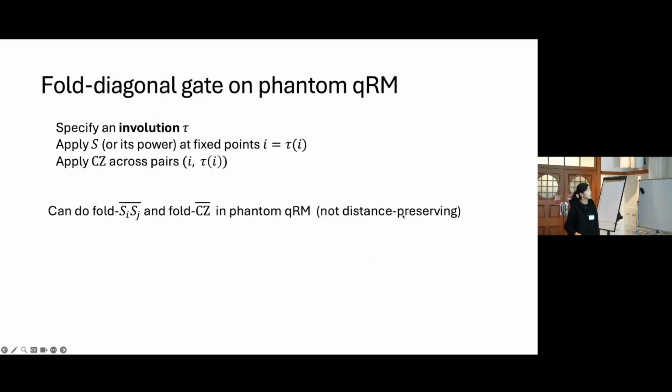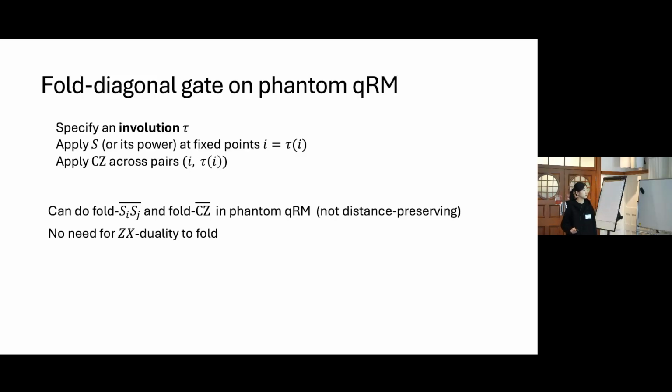I'm not going to show you how the full diagonal gates look, but the claim for our phantom QRM codes is that you can actually do fold-SiSj and arbitrary fold-CZ using this depth 1 folding circuit, but they are not distance preserving.